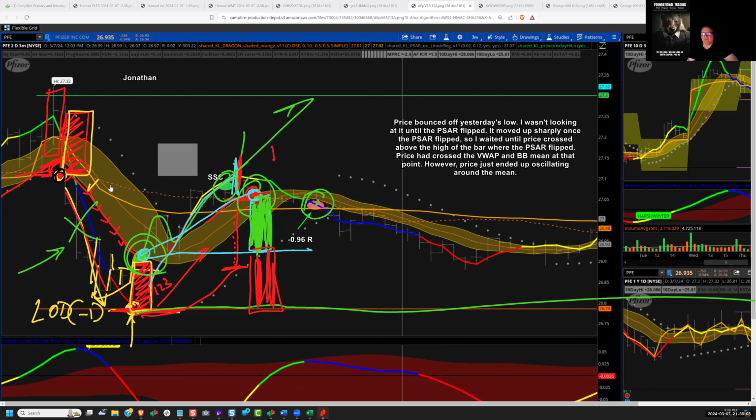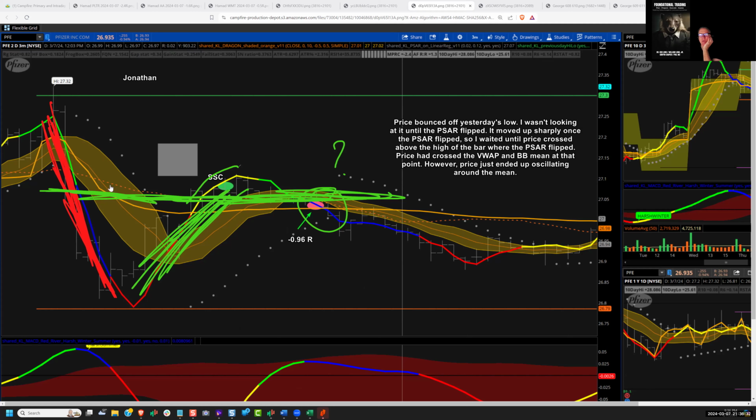Is there a trade here? There might be. The argument in favor of that is you had a strong move down to the low of the day. You had half a move back, so this is halfway back up the stack.